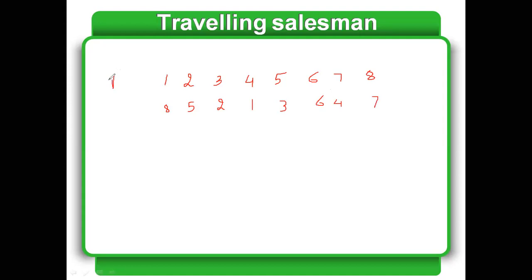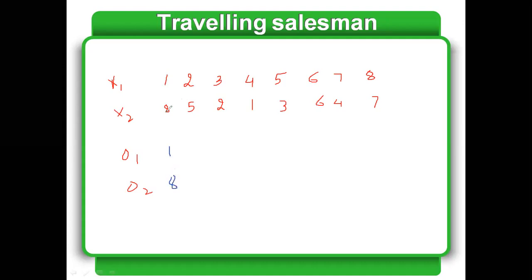So this is my x1, this is my x2. I have my two offsprings, O1 and O2. First I'll copy the first element directly.